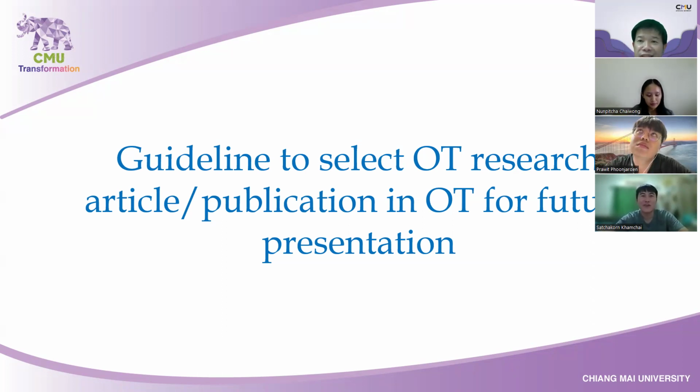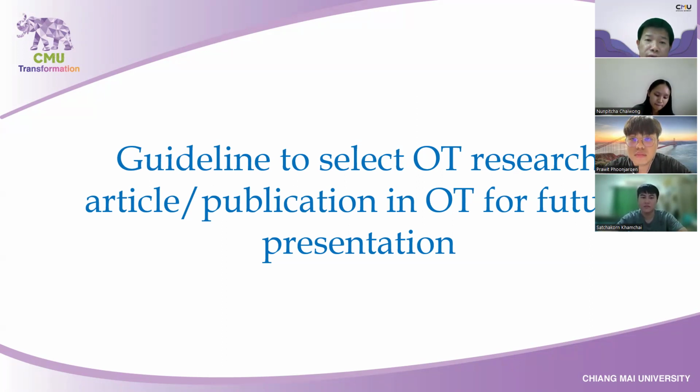Actually, I don't know, but I guess up to 20, maybe near 30. But now some kinds of OT, like occupational science, one journal is located in sociology, and some journals are sometimes located in another field, but it's an OT journal.